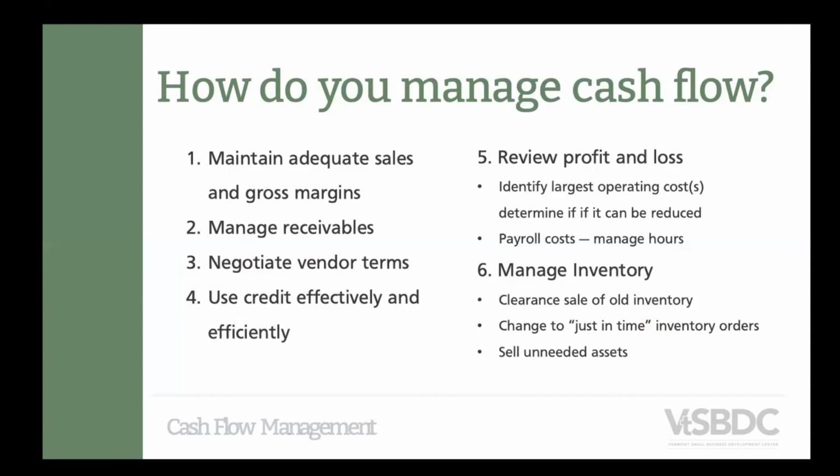If you're required to pay for a product COD, you have every right in the world to ask for 7 or 15-day terms. It loosens up the demands on your cash if you do so. Additionally, there's no benefit whatsoever to paying a bill that's due in 30 days the day you receive the bill. Again, it ties up your money needlessly, and you should make sure that you pay your bills on time, but simply no sooner.